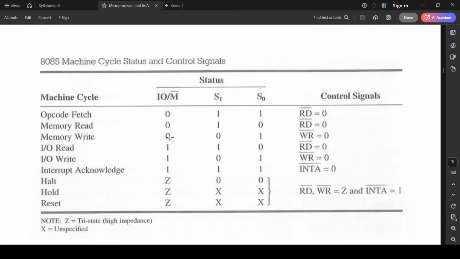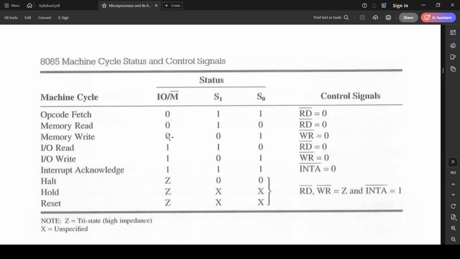Interruption was 110, no, 101. 101. And what do we have after this? Halt, hold, and reset. The last two were ZXX, ZXX. This one was Z0X, I think. And all three have the same output: read is equal to write is equal to Z only. And INTA is equal to 1.